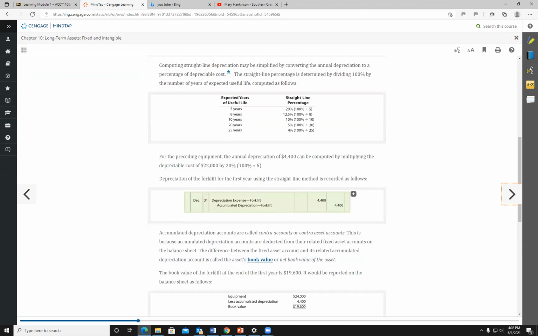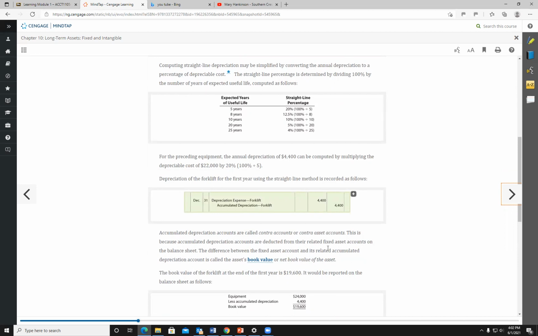Now, accumulated depreciation accounts, again, are called contra accounts or contra asset accounts, because the accumulated depreciation accounts are deducted from the related fixed asset accounts on the balance sheet. The difference between the fixed asset account and its contra asset account, the accumulated depreciation account, is called the book value. Again, this is not the same as market value.